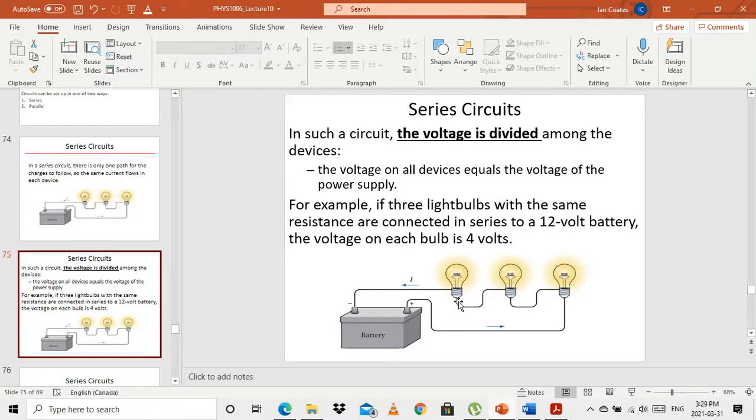So for example, if 3 light bulbs with the same resistance, and they have resistance because the electrons have to go through it, so they're offering some resistance here, are connected in series to a 12-volt battery, the voltage on each bulb is 4 volts. All right? So that's in a series circuit. You find the voltage for each bulb, divide it by the number if they're all the same.